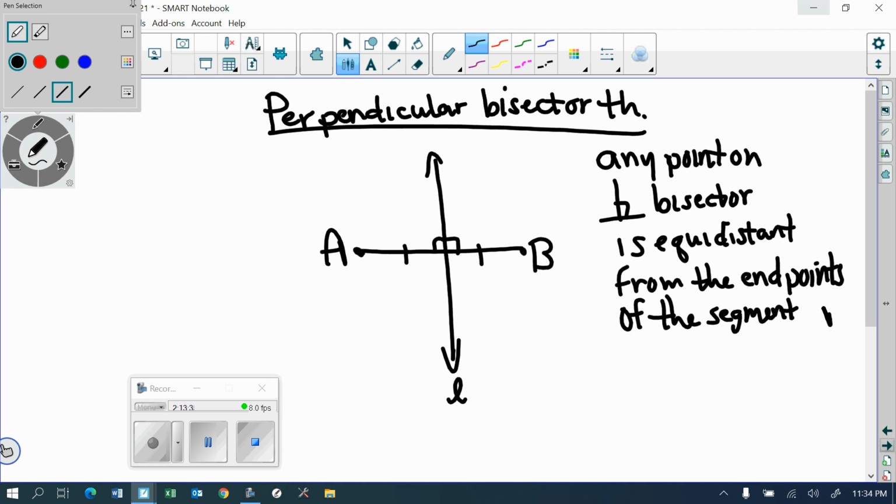In this case, we call it segment AB. So, real quick, what that says is if I take that point on the perpendicular bisector, that distance to that endpoint and that distance to the other endpoint is exactly the same. Or if I take that point, that distance to that distance is exactly the same. That's all it says. So that's the perpendicular bisector theorem.